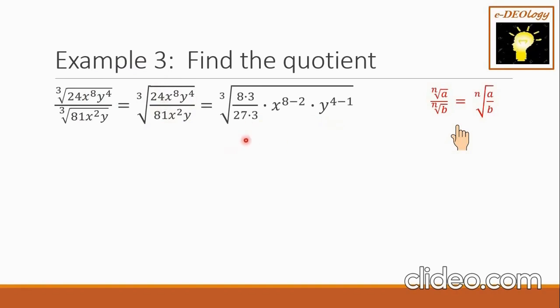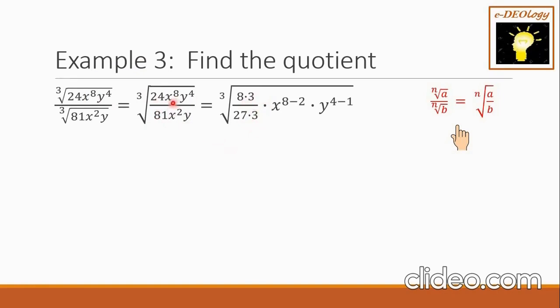For the numbers, we're going to simplify this by factoring out a common number to the numerator 24 and to the denominator 81. So the 24 is now factored out into 8 times 3. The 81 is factored out into 27 times 3.